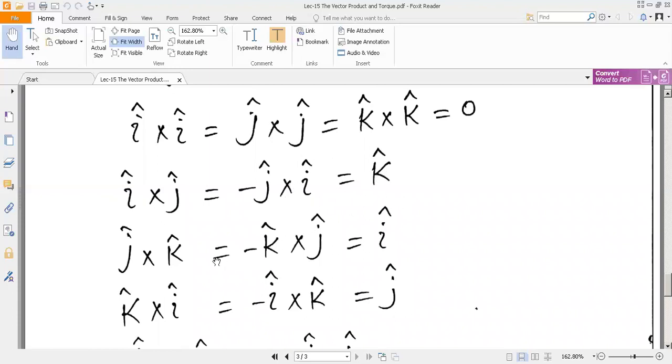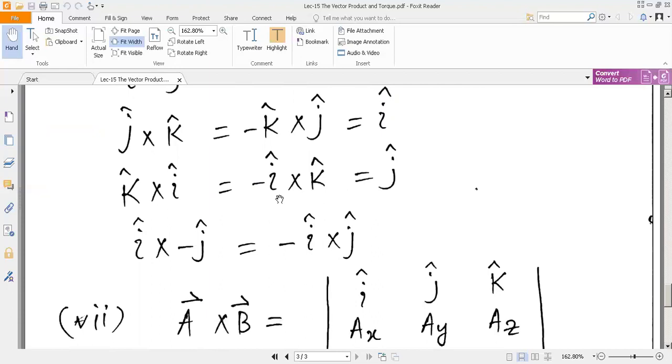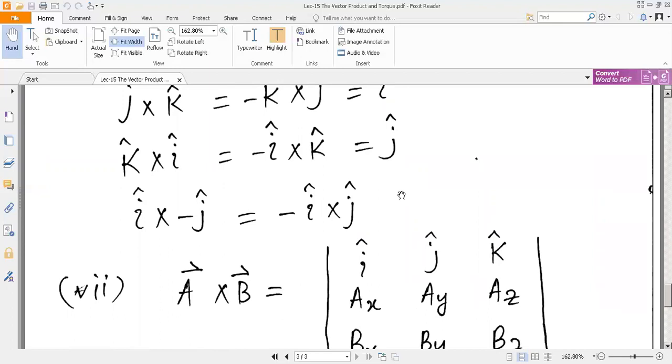On the same pattern we can write this equal to this, minus k cross j, and k cross I will be equal to minus I cross k, as by the commutative law we have seen in the previous discussion.